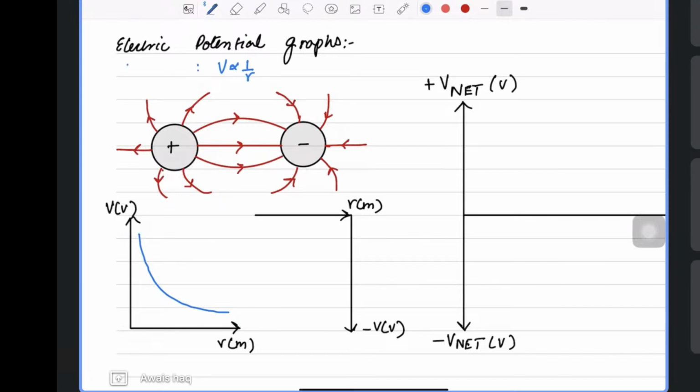Since potential is k q over r, V and r are inversely proportional, and this is how you draw inversely proportional. So as you're going away from positive, the potential is decreasing inversely like this, right, as you can see.